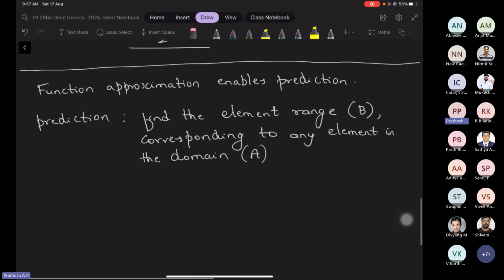That is what we call prediction. Prediction is basically to find the element in the range set corresponding to any element in the domain. Given any element in the domain, you need to understand what element in the range set it gets mapped to, and that is what is called prediction.